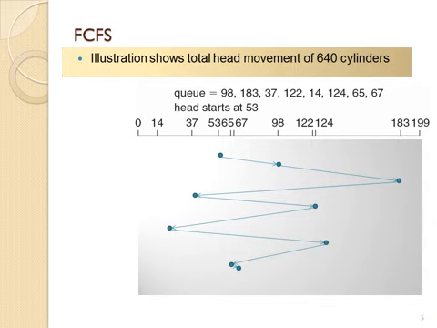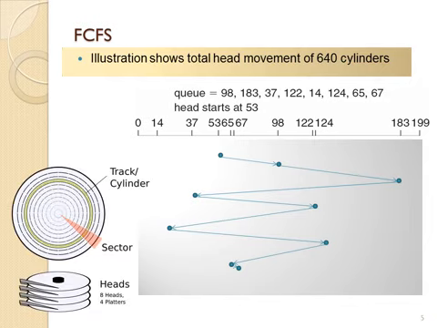and a total of 640 cylinders of movement. But not just that it's 640 cylinders, it's also that it's a lot of back and forth movement, and a hard disk is mechanical, and a lot of movement like that can wear on the hard disk.